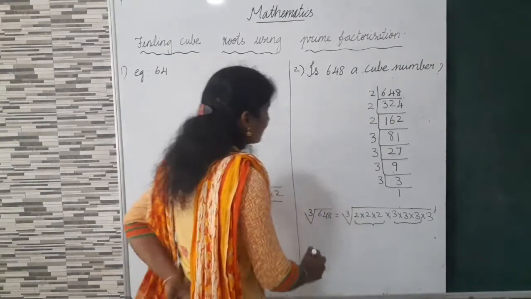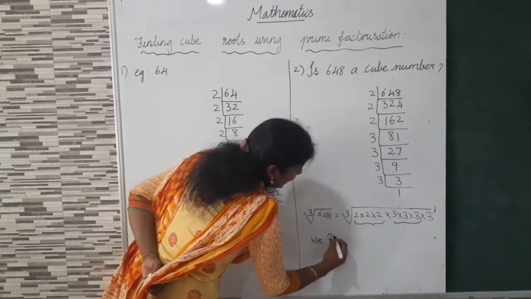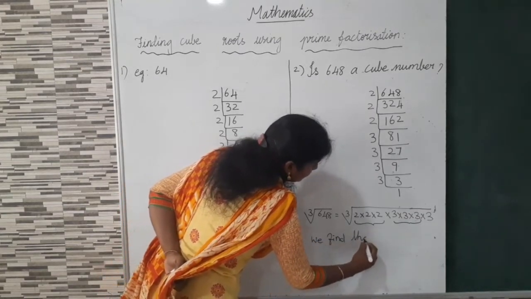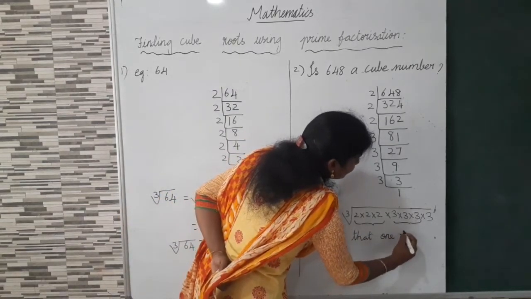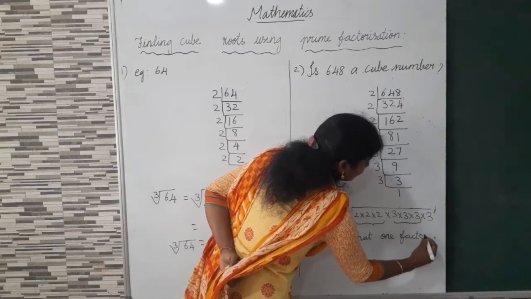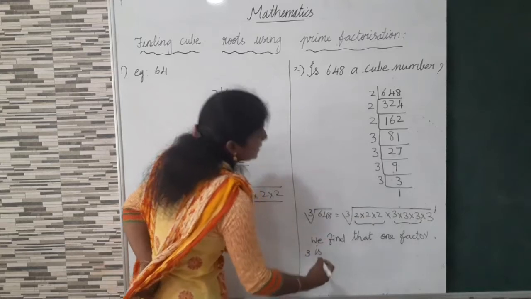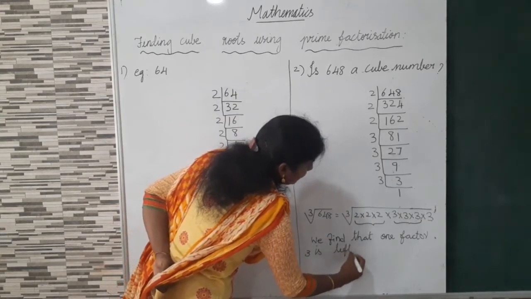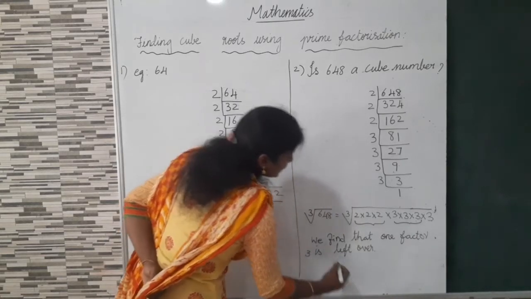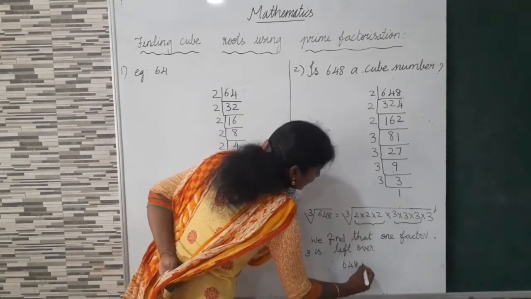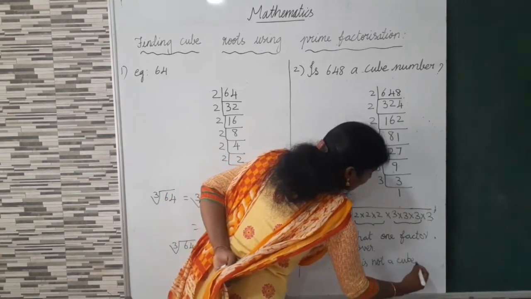Therefore we find one factor, that is 3, is left over. Therefore, 648 is not a cube number.